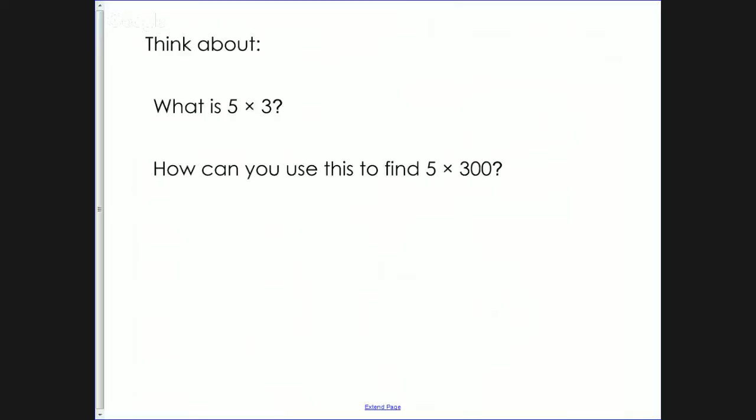So think about it. What is 5 times 3? Well, 5 times 3 is 15. How can you use this to find 5 times 300?